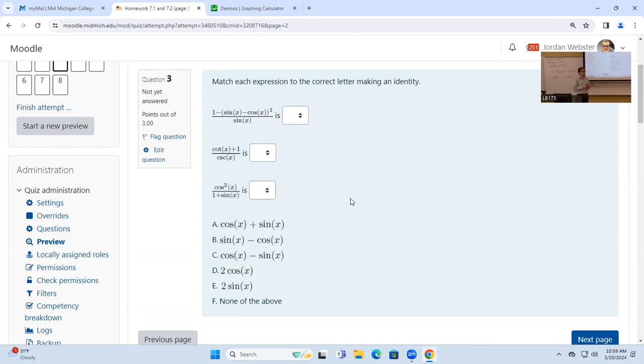That's not A, not B, not C, not D, not E. So we'd have to pick F, none of the above. Now, if negative sine times cosine was on here, then we obviously just use that letter. But this is just a multiple choice kind of thing.